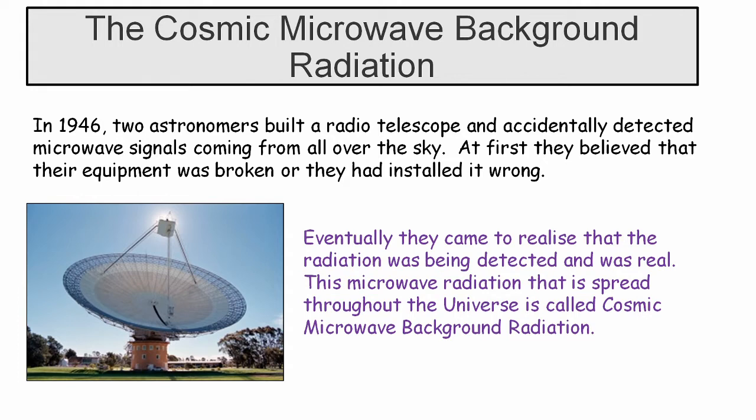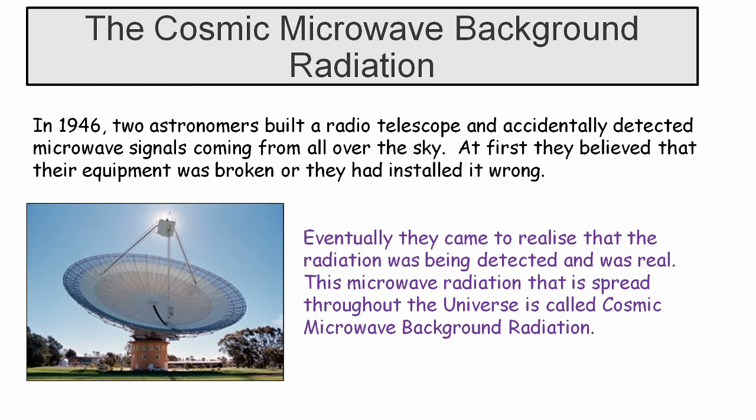Now, they didn't think that this was possible, so they thought there was some fault with the equipment, or they'd installed it incorrectly. But what they then came to eventually realize was that they were detecting radiation. This was real. There was nothing wrong with their equipment, and it was radiation that was spread throughout the universe.